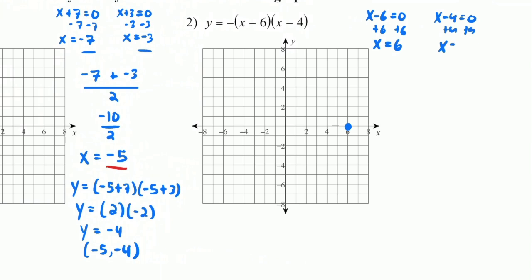So I'll get x is equal to a positive 4. And again, I'm going to take those two and add them together. So 6 plus 4. Divide that by 2. So that will be 10 over 2, which is going to give me a 5. So I know x will be equal to a positive 5 for my axis of symmetry.